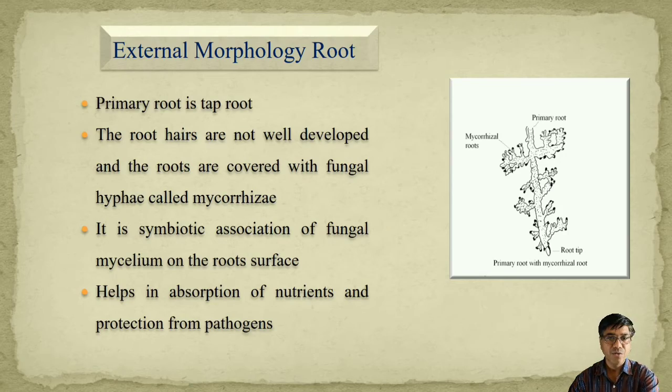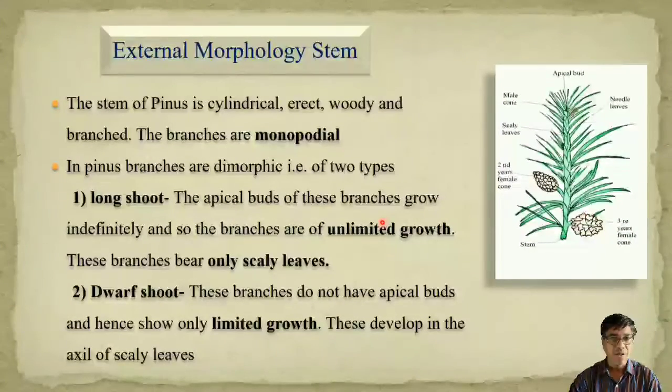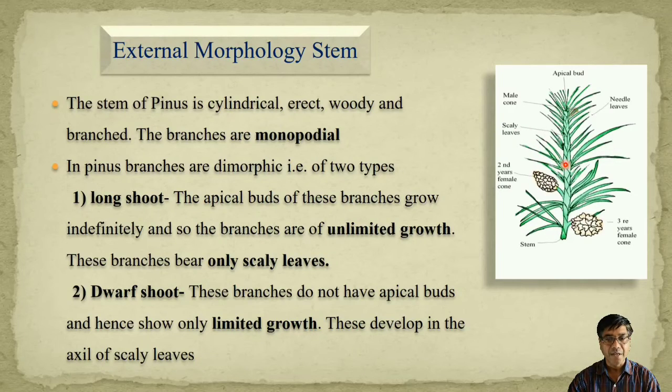Now we are going to study the external morphology of stem. The stem of Pinus is cylindrical, erect, woody and branched. The branches are monopodial, means the main stem is covered by scaly leaves present on the stem.